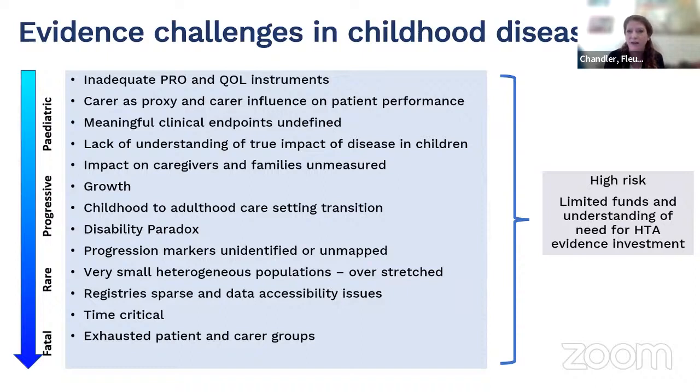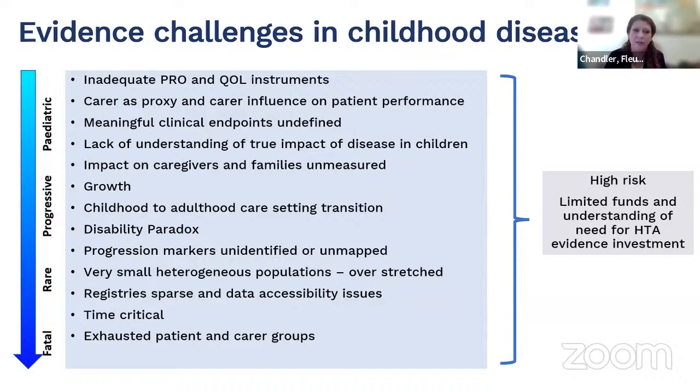You have the direct influence of a carer as a proxy, and also that carer influence on patient performance. If you're asking a young child to complete a task, there's a huge influence of the parent in that space. You need to understand the meaningful clinical endpoints, and I think there's often a lack of understanding of the impact of the disease in children, and I think that goes across the board in paediatric evidence generation.